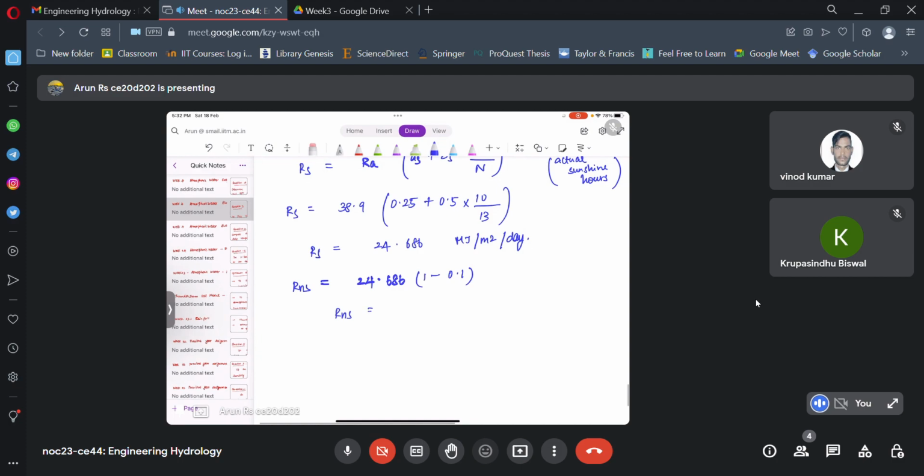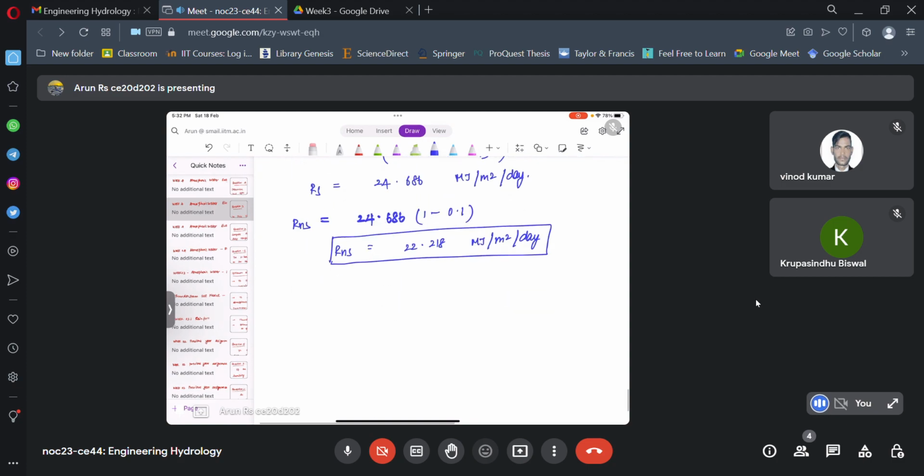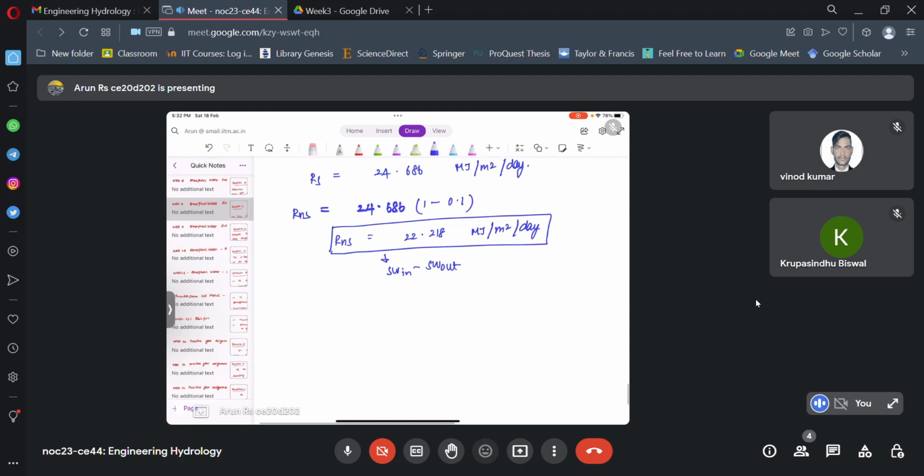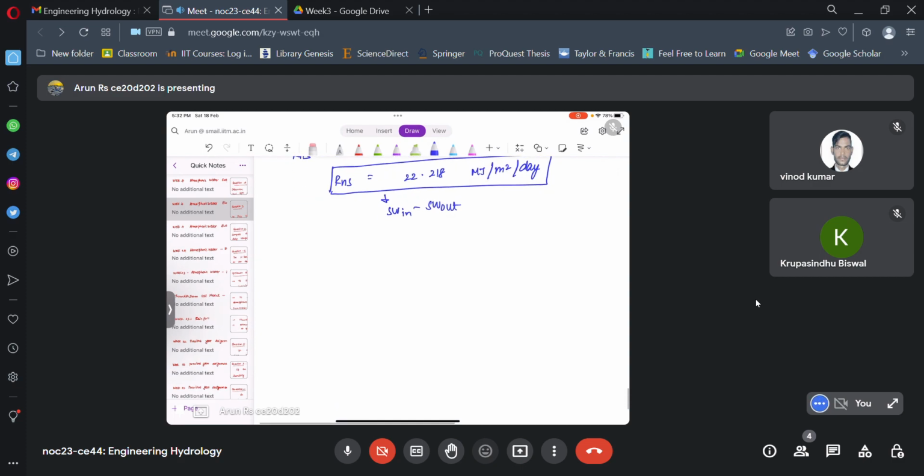So your RNS is 22.218 megajoules per meter square per day. So this is what we wrote in the first question as SW in minus SW out. It was given directly to us. SW out was already calculated. SW in was also directly calculated, but here we are calculating. That's the only difference.